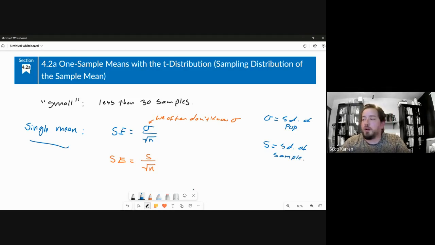As you can imagine, the smaller your n gets, the larger that error is going to get, which would make sense because the smaller your n gets, the less sure you are about the accuracy of your mu to begin with. So the smaller n gets, the larger that standard error gets. Okay.